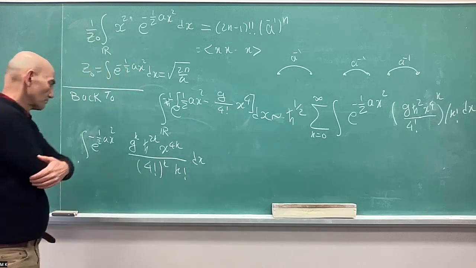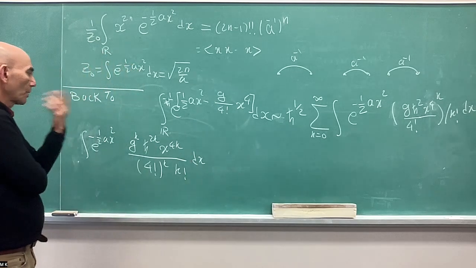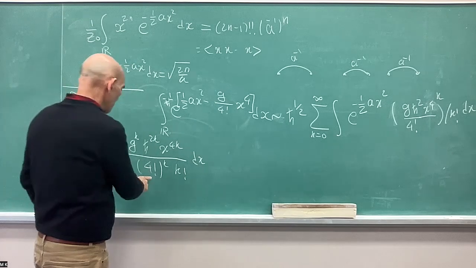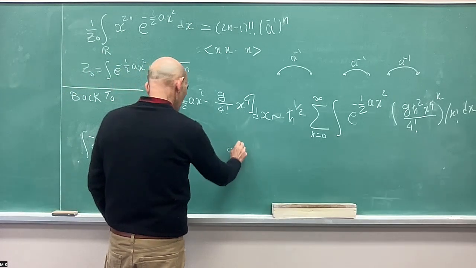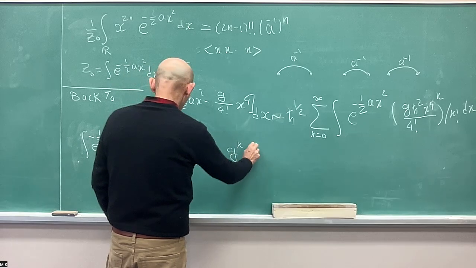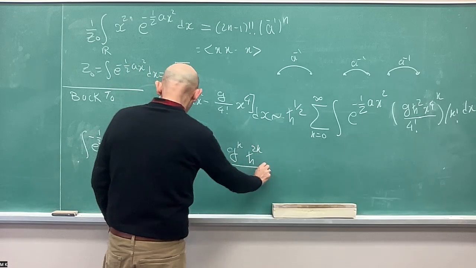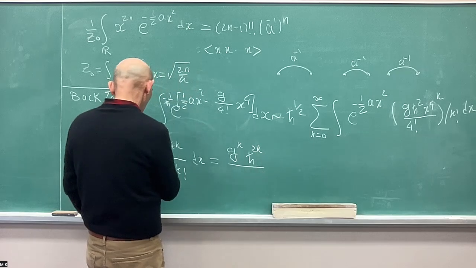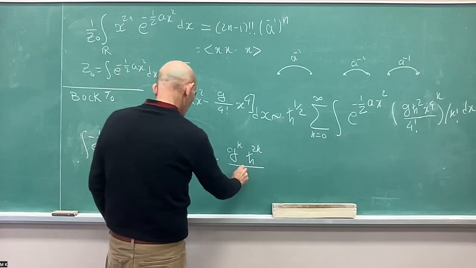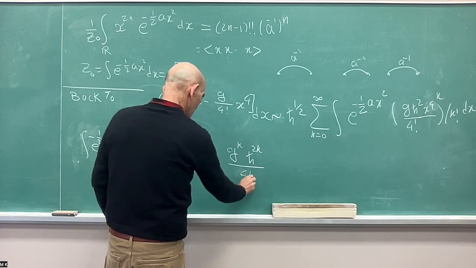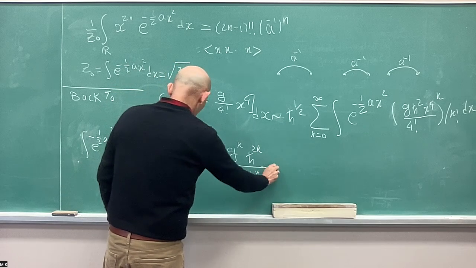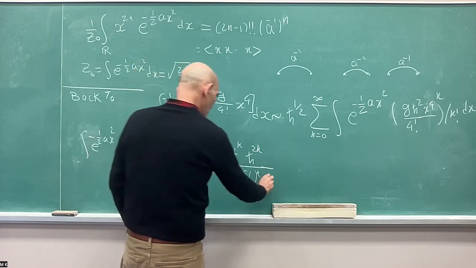So the factors are like this: g to the power k, h bar to the power 2k, divided by 4 factorial to the power k times k factorial.